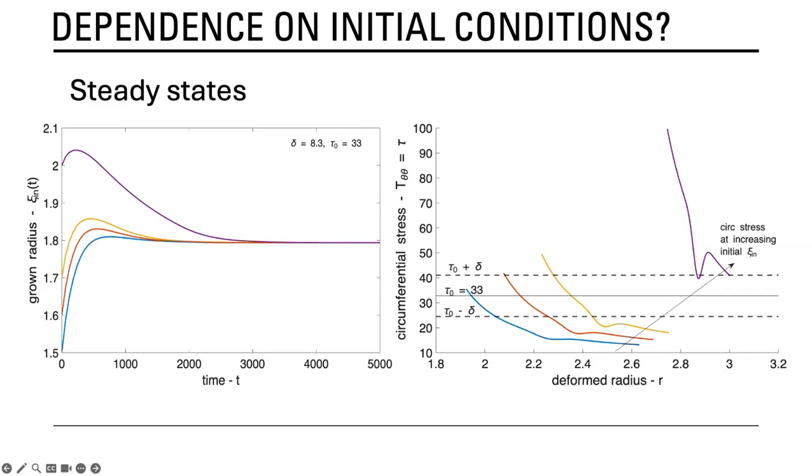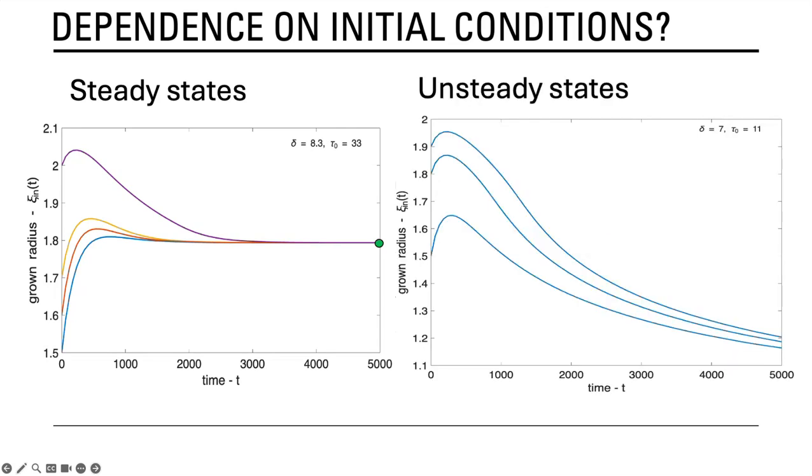And again, by looking at the circumferential stress, we can see that because they start out with some region below and above this preferred region, they all settle to some circumferential stress that again has this balance between proliferation and apoptosis. And then for the unsteady states, the ones that were blue curves before for different initial radius continue to remodel as in the previous example.